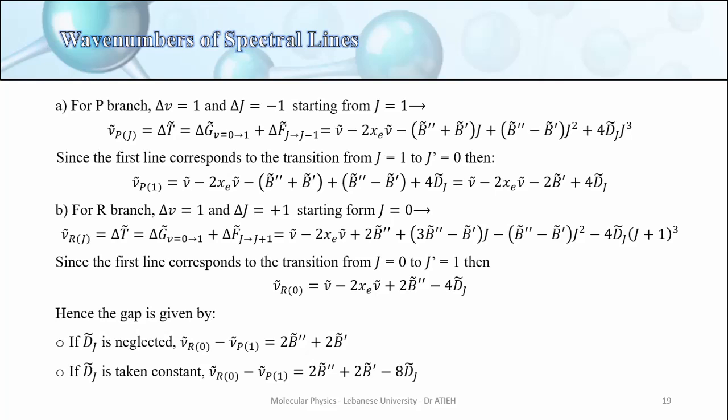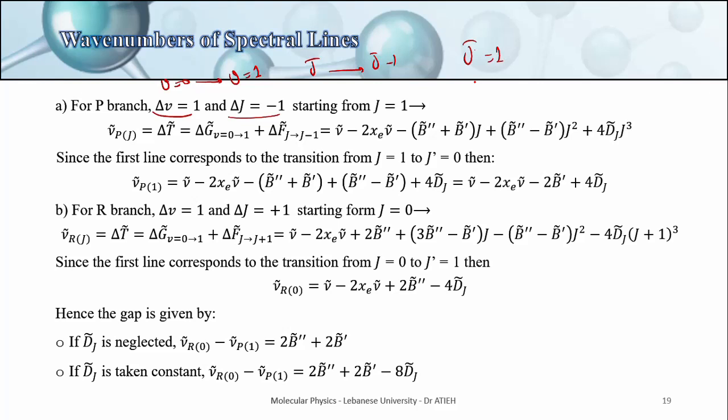To find the wave numbers of spectral lines, we have to add the vibrational transitions to the rotational transitions. So let's start with the P branch. For the P branch, we have a transition from nu equals 0 to nu equals 1, which corresponds to delta nu equals 1. Delta J is equal to -1, which is going from a level J to a level J minus 1. And J starts from J equals 1, as we have said.